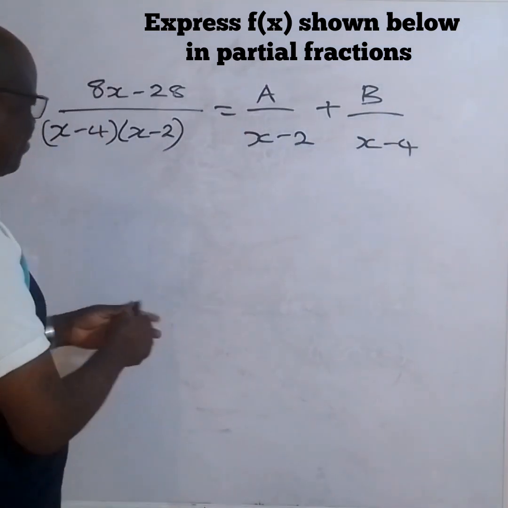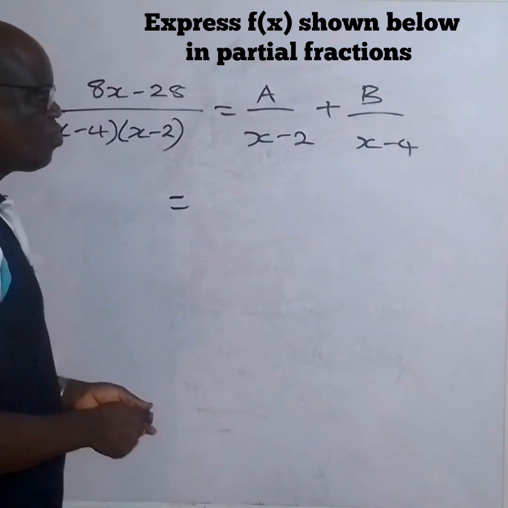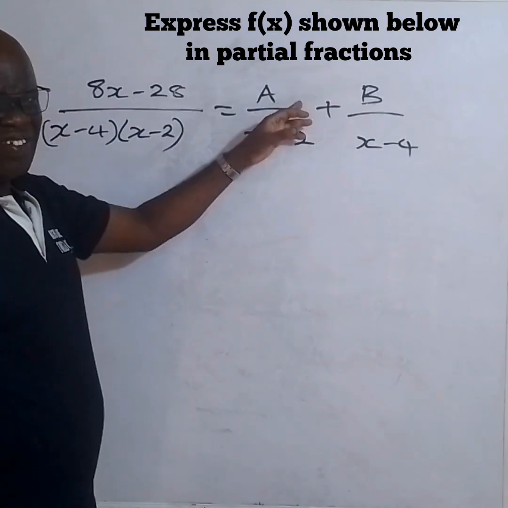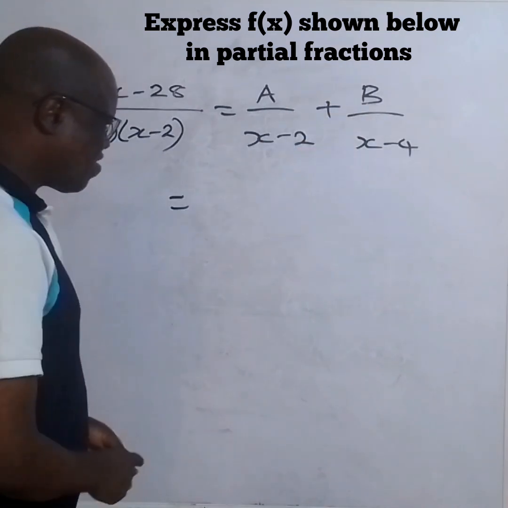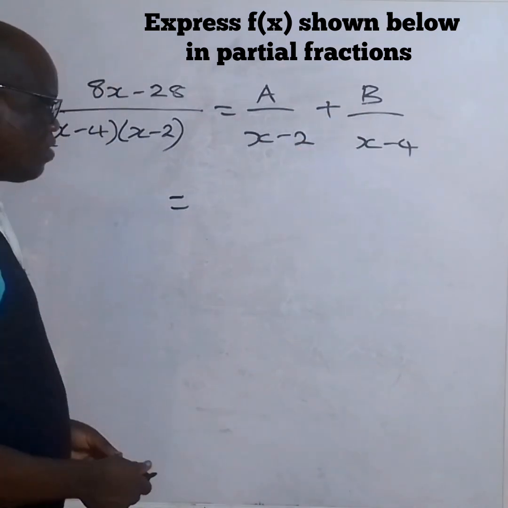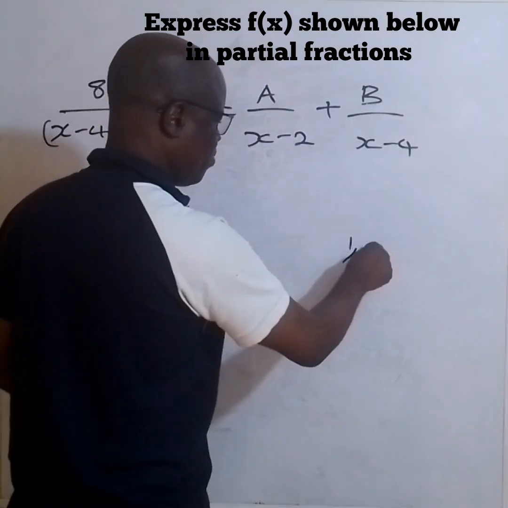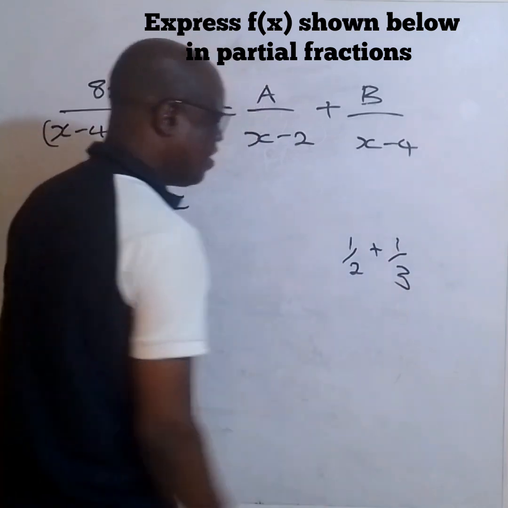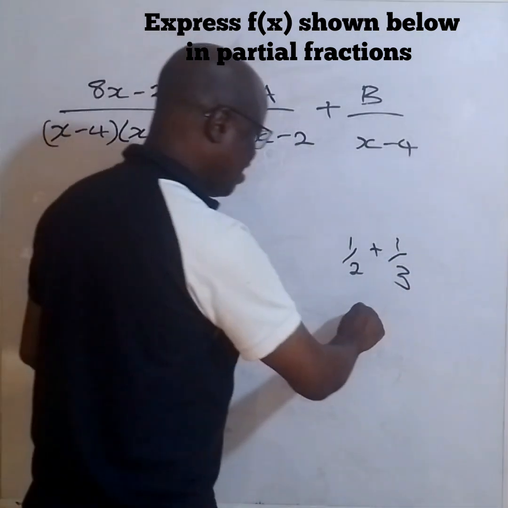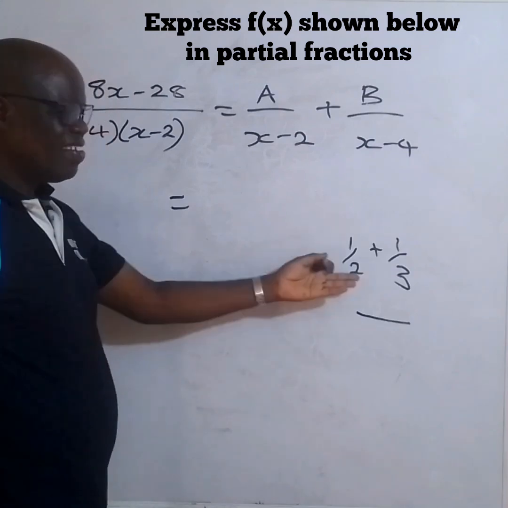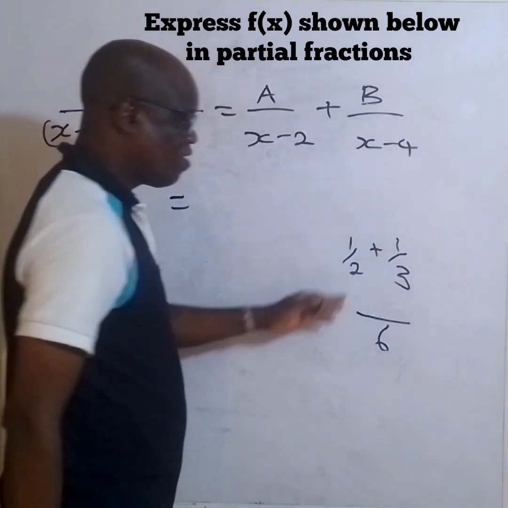Now, from here, this is equal. Now, don't forget that we have fractions here, fractions here. Just like in our elementary class, if you have 1 over 2 plus 1 over 3, what you will do is find the LCM. And in this case, the LCM is 6, which is 2 times 3.